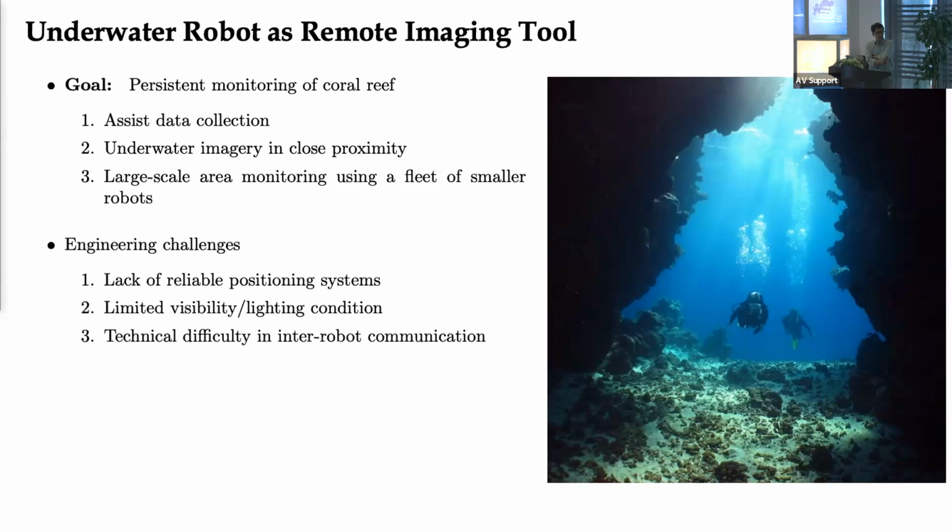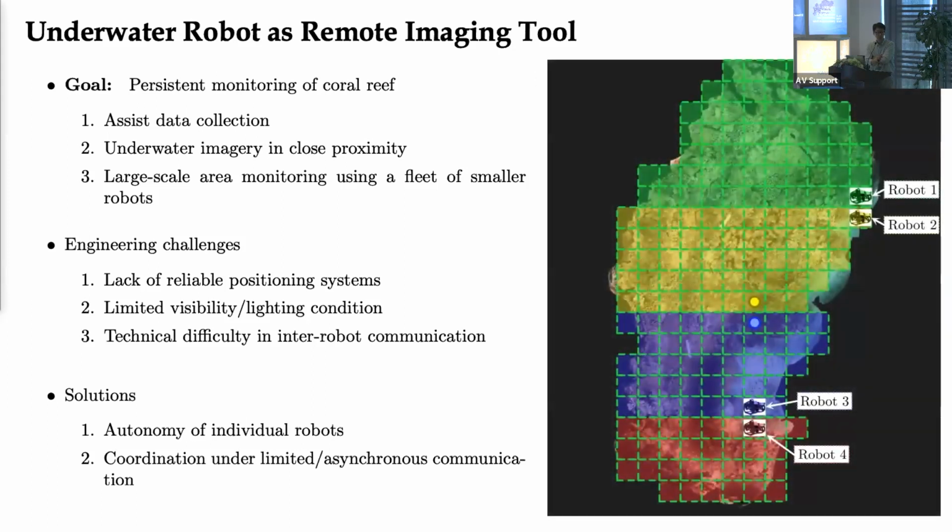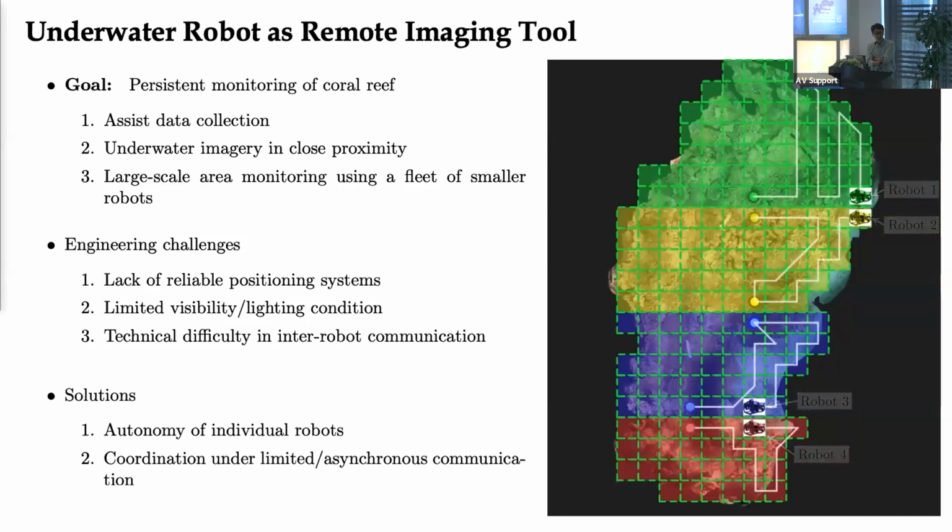I'm sure those are some of the things we discussed in the previous presentation, so I will skip the engineering challenges we already know. The solution we came up with is to build autonomy on the single vehicles as much as we can, leverage the autonomy of the single vehicles, and use a simple coordination algorithm. The coordination algorithm has to comply with the engineering challenges of underwater communication.